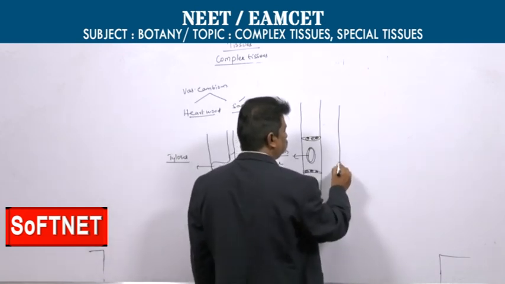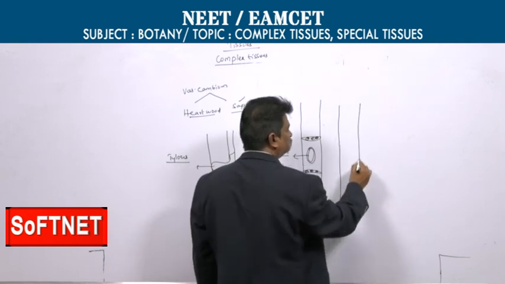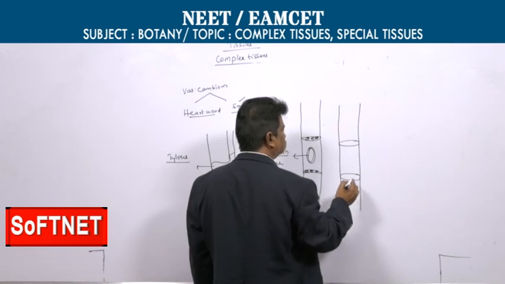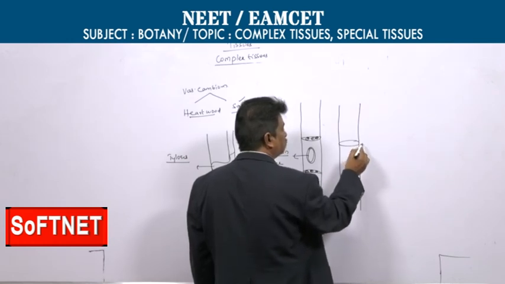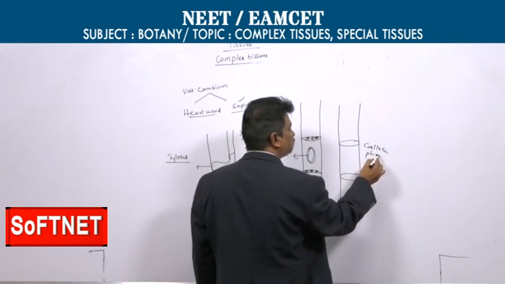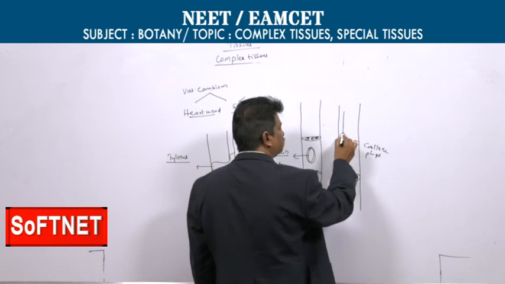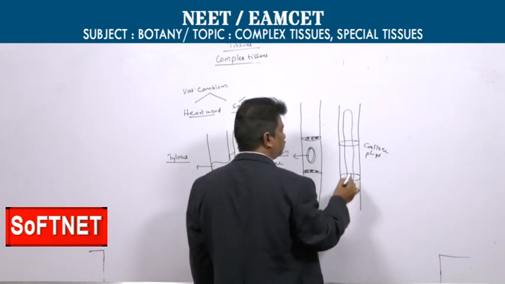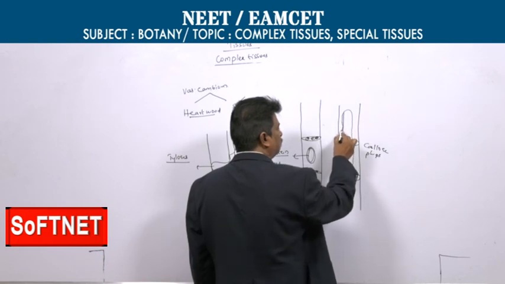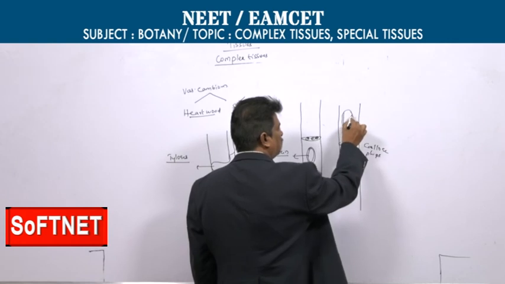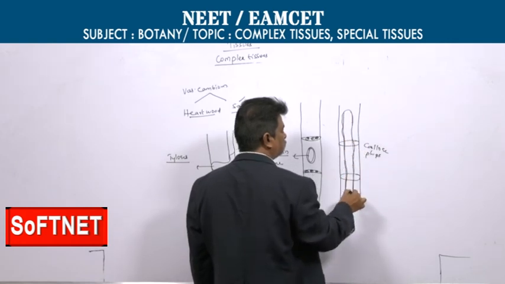Then in old phloem, callose plugs are formed. Callose plugs means adjacent sieve tubes are connected by cytoplasmic strands. Around these cytoplasmic strands, a thin carbohydrate layer is present.